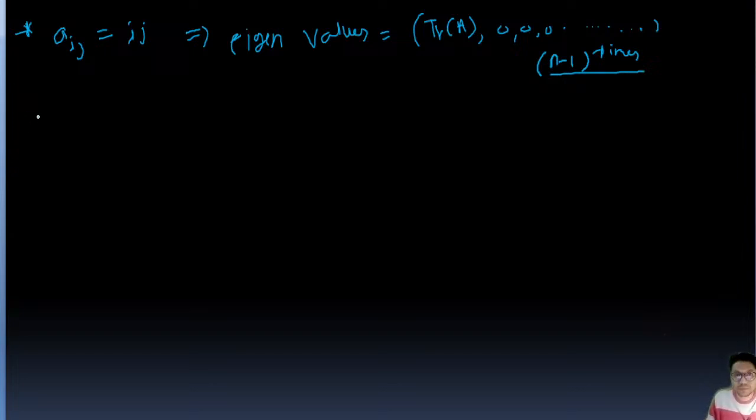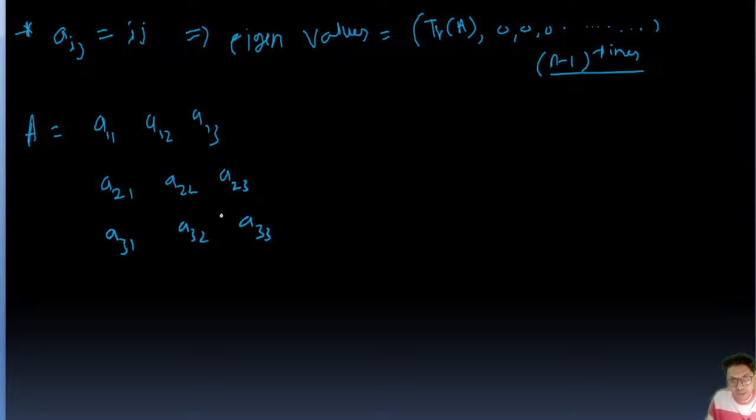For example, A is a11, a12, a13, a21, a22, a23, a31, a32 and a33. This is the matrix, and we have given the condition Aij equal to ij.